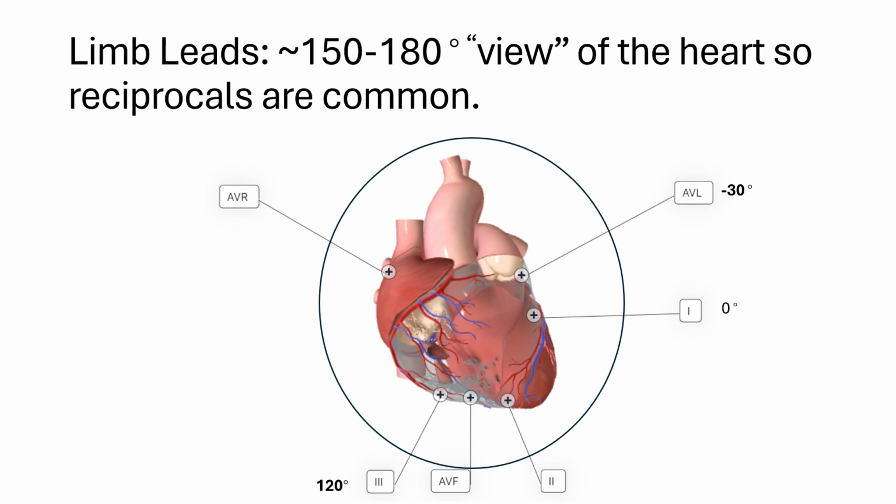The span from AVL to lead 3 is 150 degrees technically, but I think it's practically more like 180. The opposition of these leads, AVL and lead 3, to each other makes them common and important mutual reciprocals.